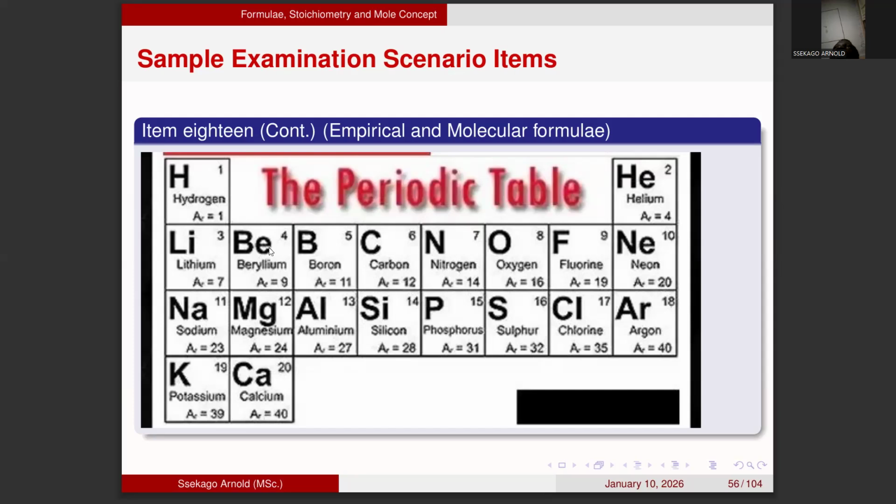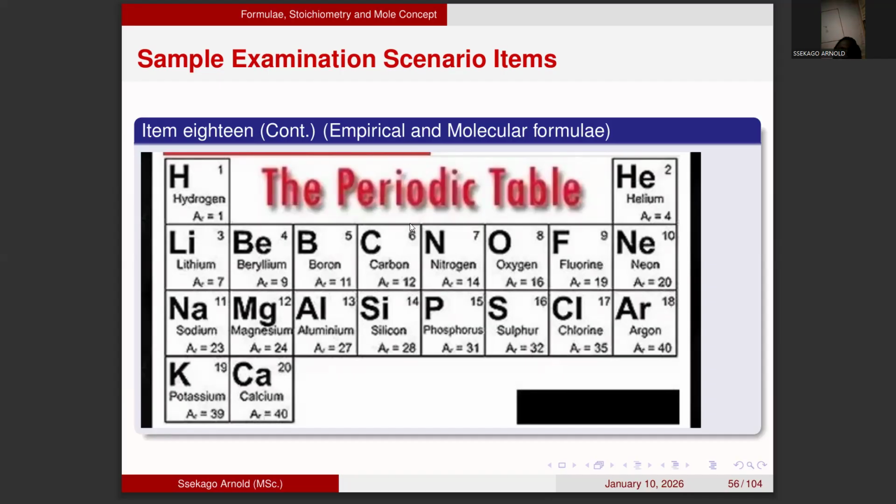From senior 2 chemistry, the vertical columns are the ones that we call the groups, and the horizontal rows are the periods. This is group 1, group 2, group 3, group 4.